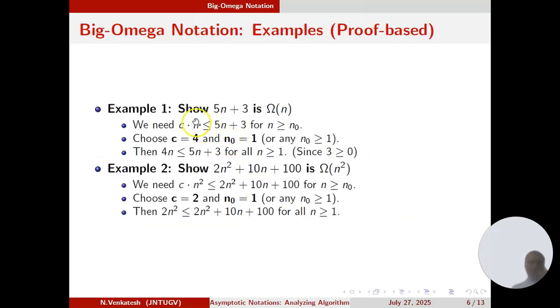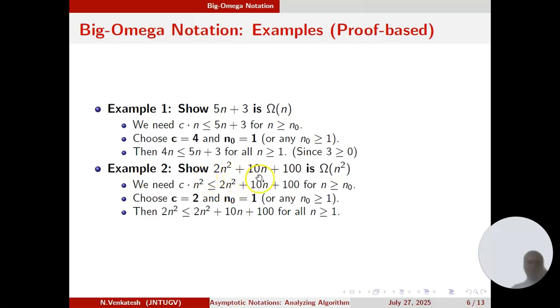Now 5n plus 3 is greater than or equal to some c into n. If you choose c as 4, 5n plus 3 is always greater than or equal to 4 into n for all n greater than or equal to 1. So we can say 5n plus 3 is big omega of n.